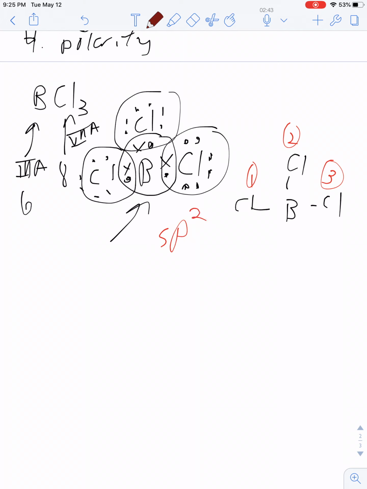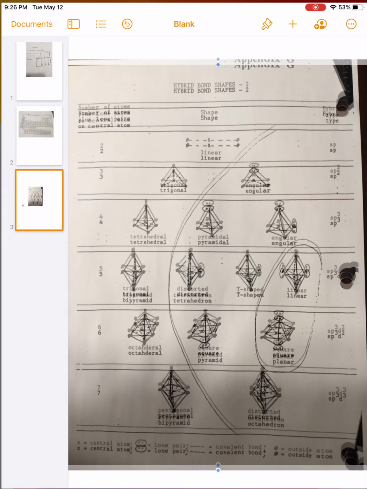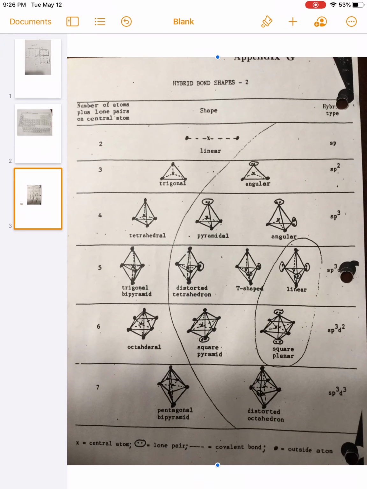Now to find the shape, you go to Appendix G, or you can use the book. There are diagrams in the book. So on Appendix G, you see this diagram.